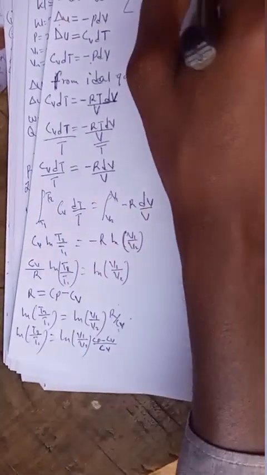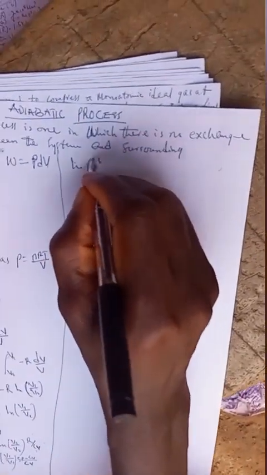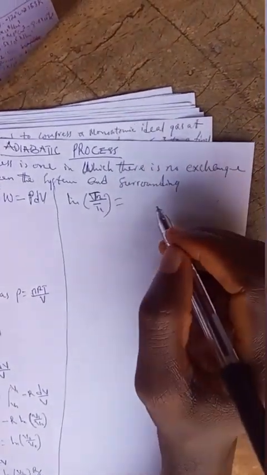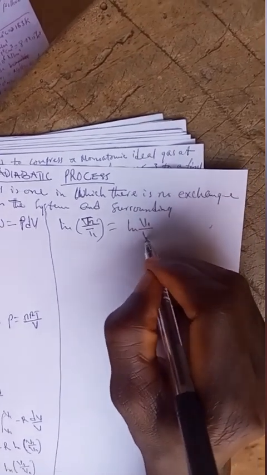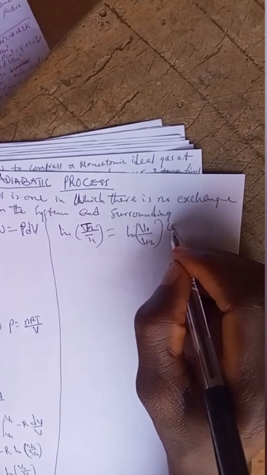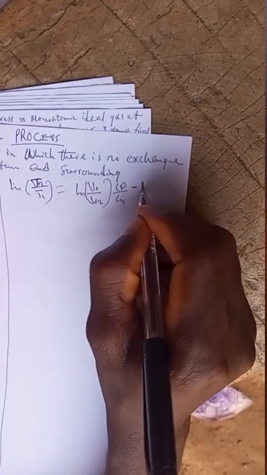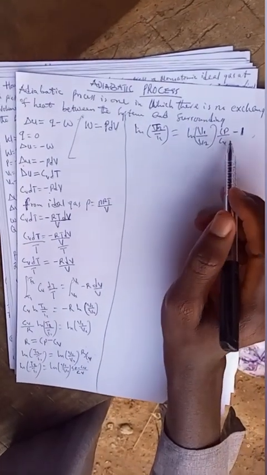So that will now imply that ln T2 over T1 is equal to ln V1 over V2 to the CP over CV minus 1. That is the implication of CP minus CV over CV, so that will now be CP over CV minus 1.